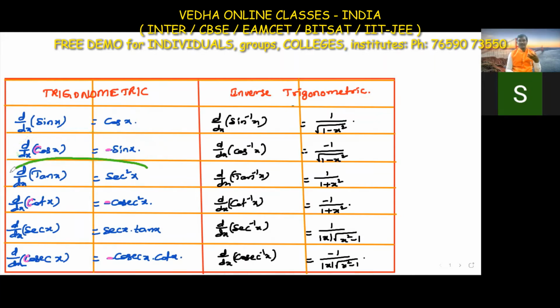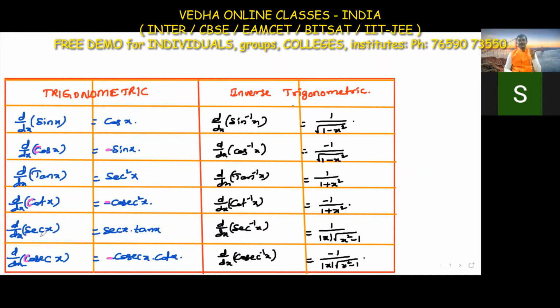Very good. Next, d by dx of tan x equals secant square x. Again, d by dx of tan x equals secant square x. Next, d by dx of cot x equals minus cosecant square x. Again, d by dx of cot x equals minus cosecant square x. Next, d by dx of secant x equals secant x into tan x.